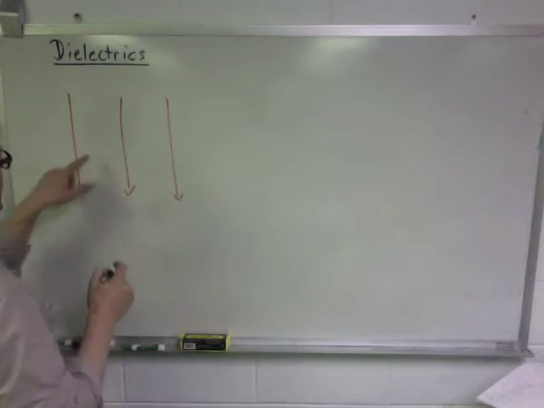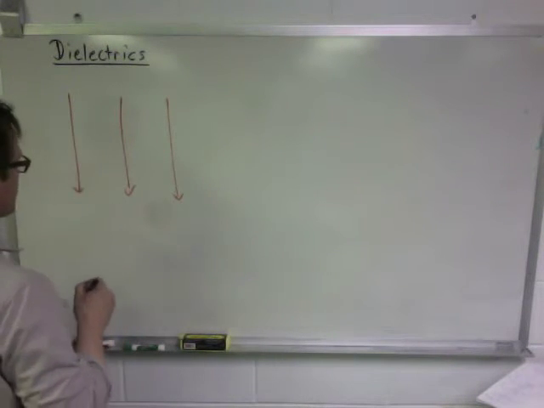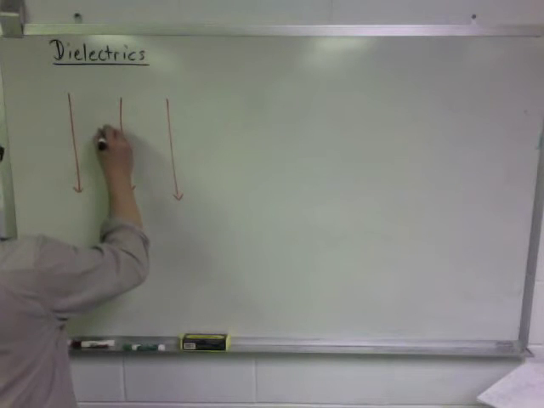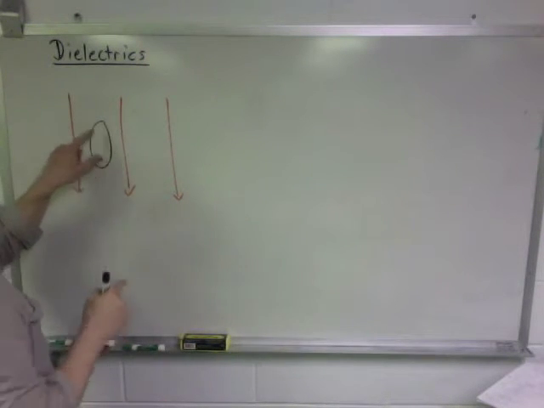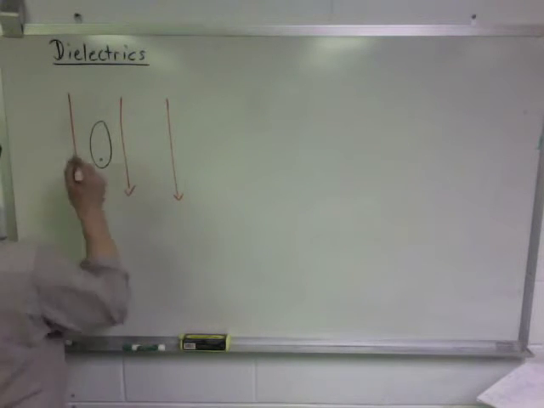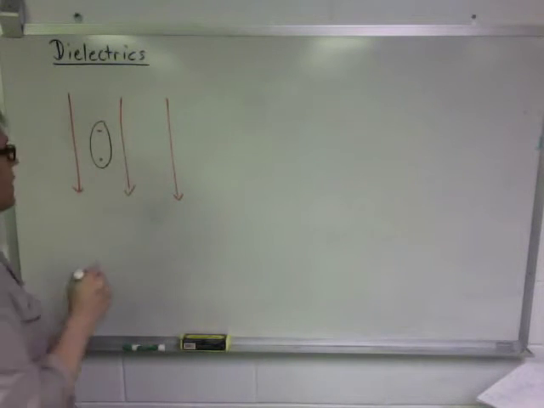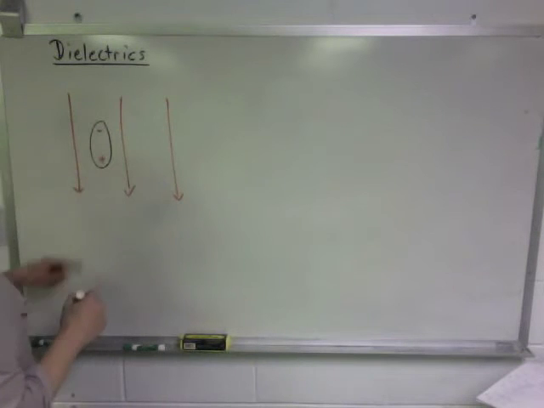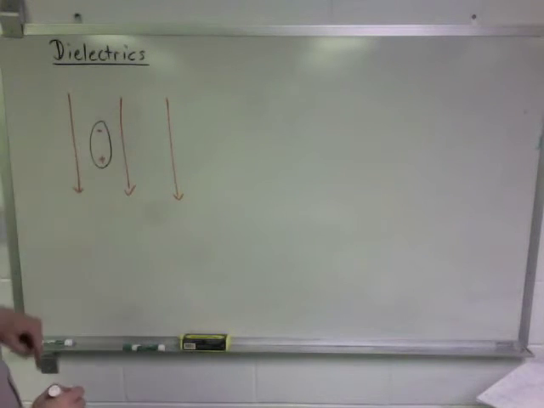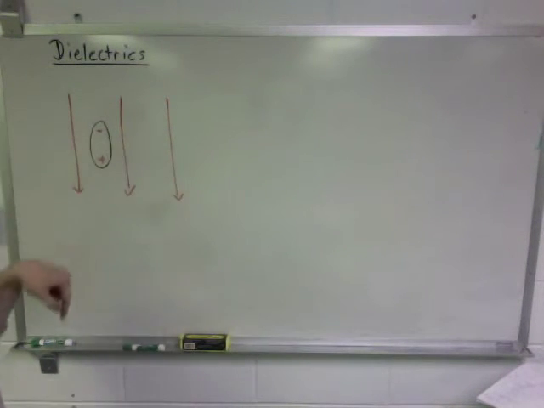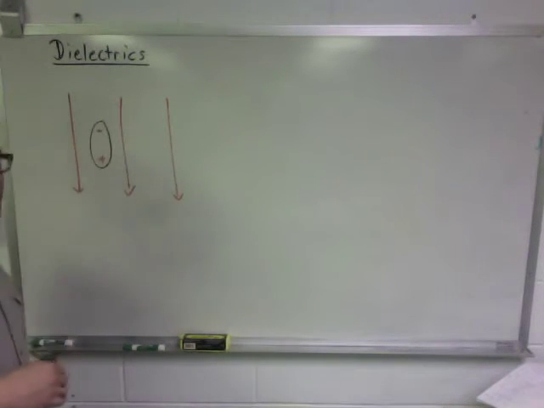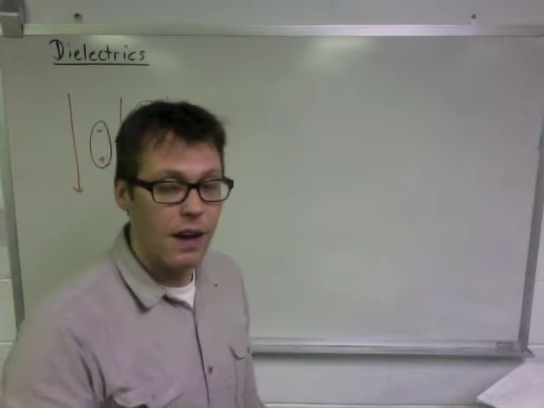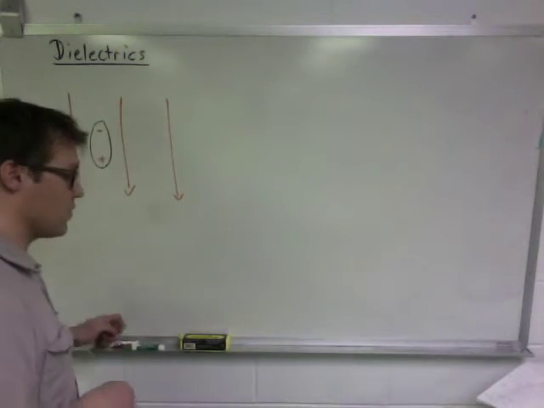But if we put that atom in an electric field, let's say that's down, then it tends to get stretched, where the nucleus is down here and the electron tends to spend more time up here, because the electron is pulled in the opposite direction of the electric field, leaving the nucleus down here. So you get this separation, this polarization of the individual atoms inside of a dielectric.